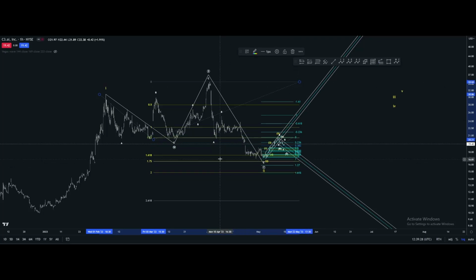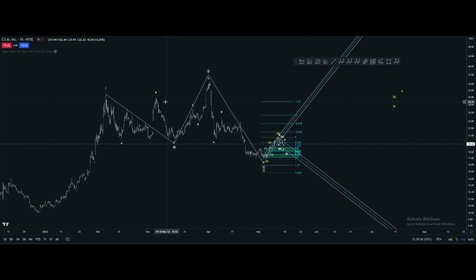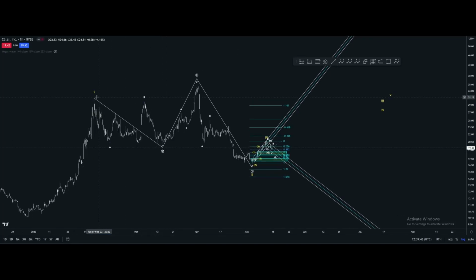but still I can label it double combo and it's a valid Elliott Wave count. The only issue is this looks like a flat, but it doesn't really comply to Elliott Wave rules.